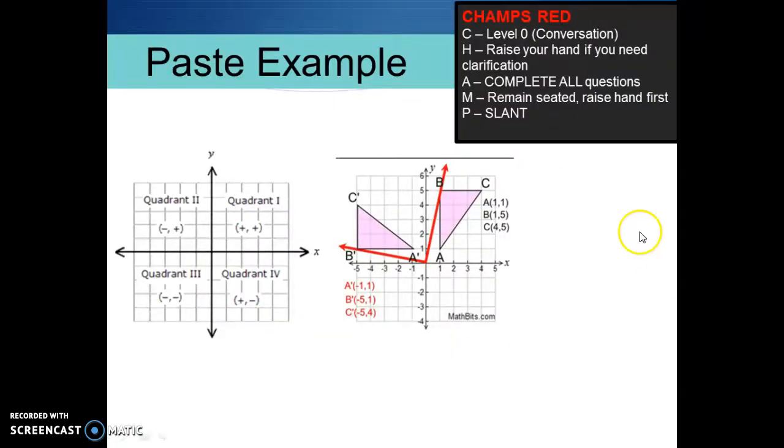As you can see here, this is something that I had you paste in your notebook. This is an example of a counterclockwise rotation, with the original shape identified as A, B, C, and the transformed shape being A prime, B prime, and C prime. If you just look at B right here, I'm going to highlight that for you.